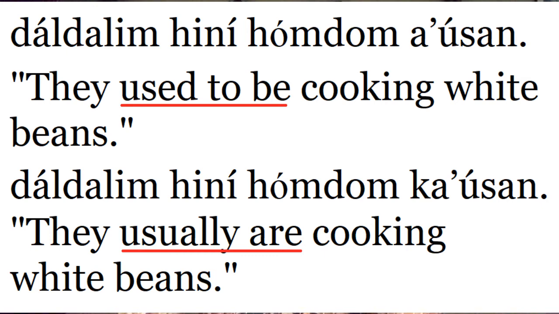But daldalim hini homdom kausan means they are usually boiling white beans. Confusing, I know, especially since kausan by itself means used to be, as we just saw. But with that verb partner, it means usually doing.